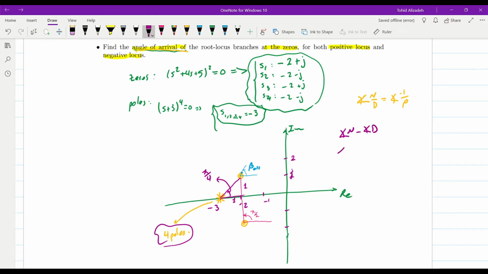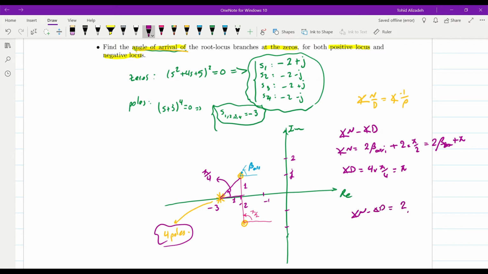For phase of n, we will have 2 times beta arrival plus 2 times pi over 2, which gives us 2 beta arrival plus pi. For phase of d, we will have 4 times pi over 4, which is equal to pi.